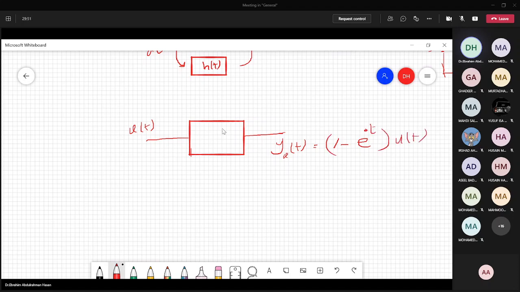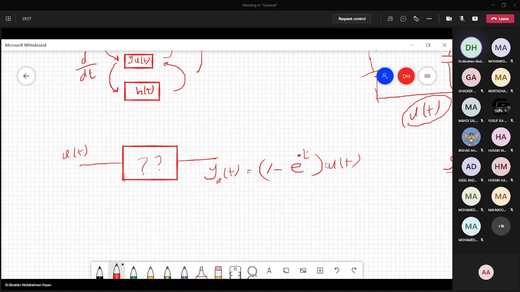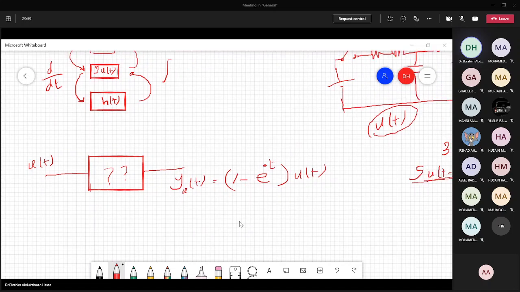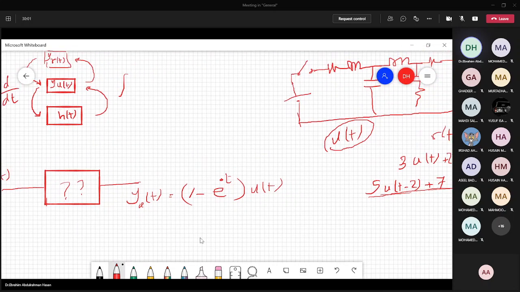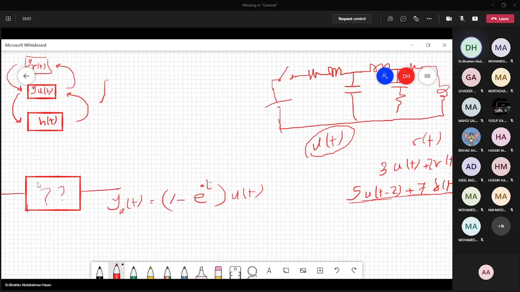It is clear that it is first order, same as chapter 7. So let me say that we have some circuit here, whatever this circuit is, but after we solve it for u of t, we will get a step response which is equal to 1 minus e to the power of minus t, u of t.